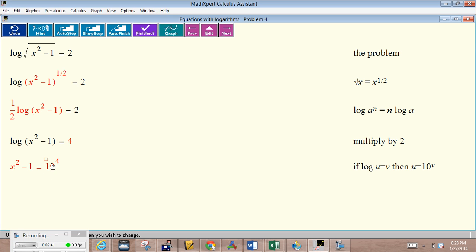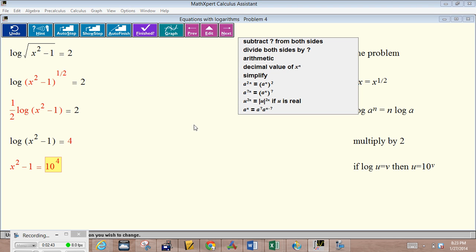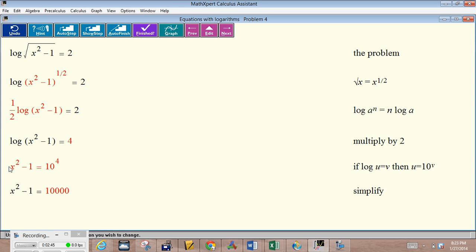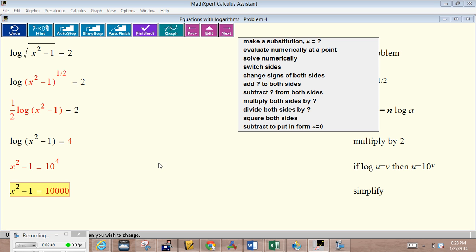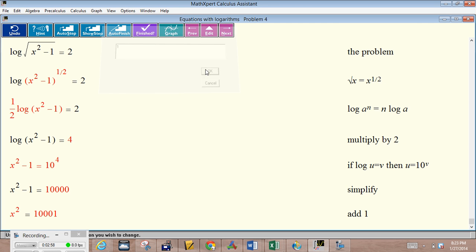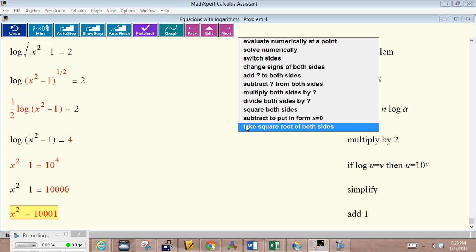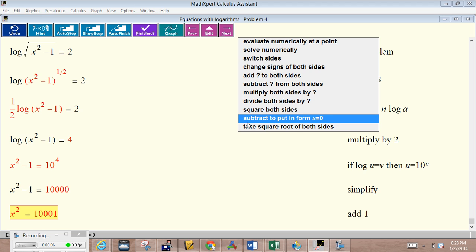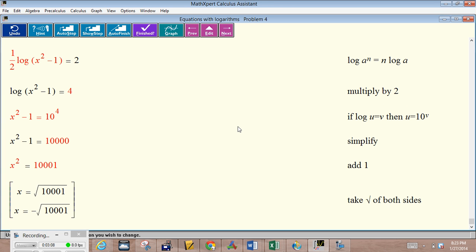So if I expand that out and simplify that, I'm going to add a 1 to both sides. And then I have to take the square root. So it looks like it's going to be the square root of 10,001.